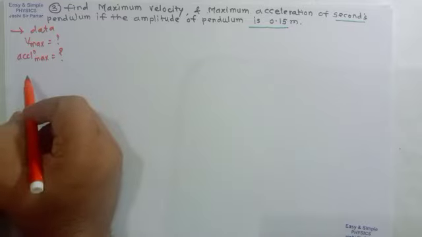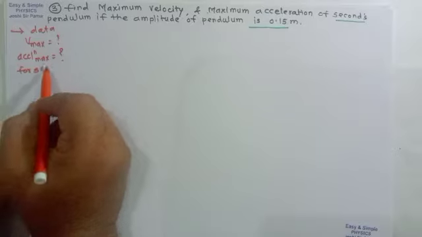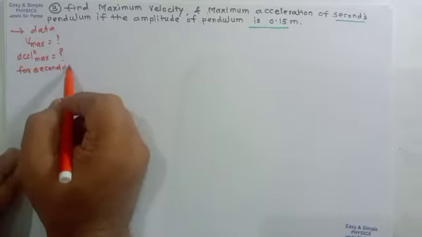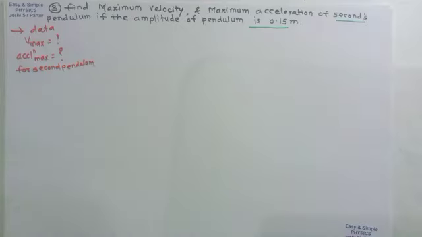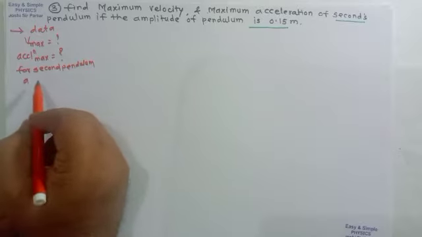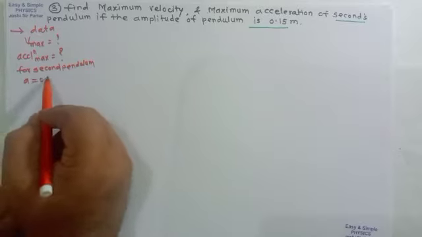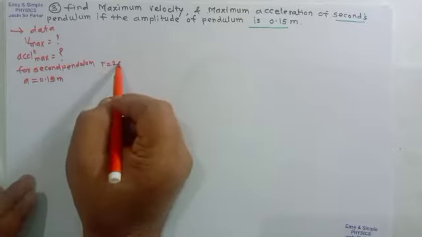For second pendulum, having amplitude A will be 0.15 meter. For second pendulum, T equal to 2 seconds.